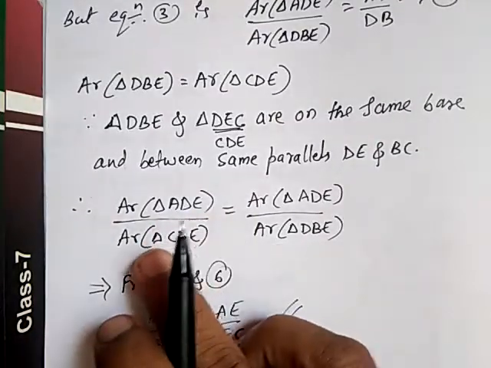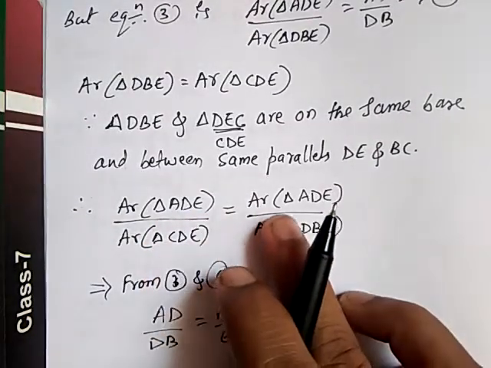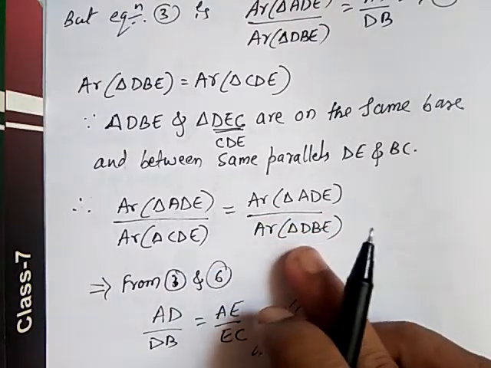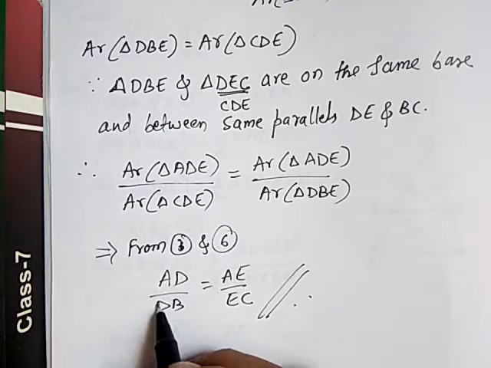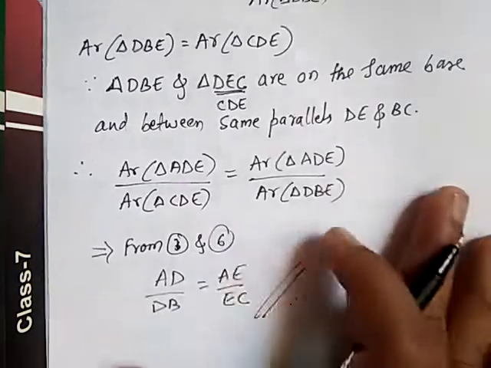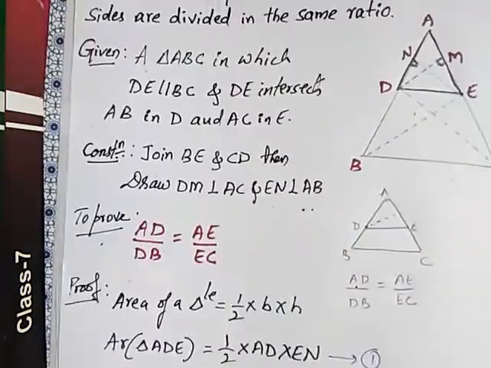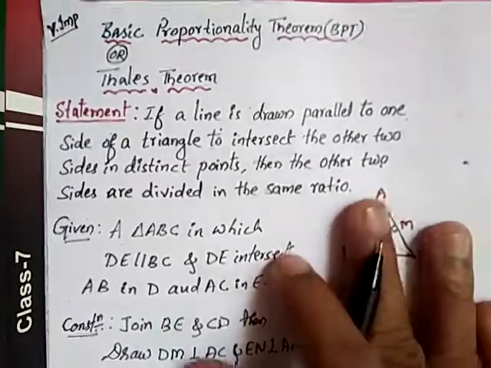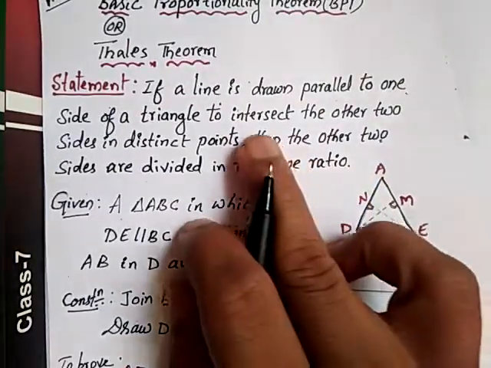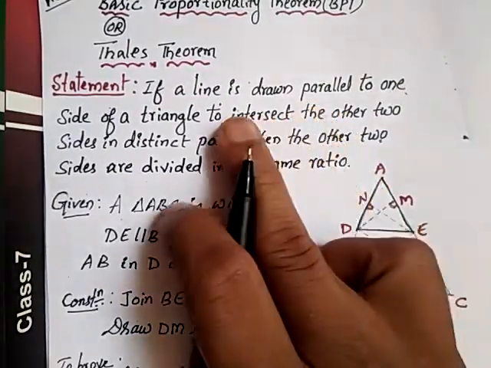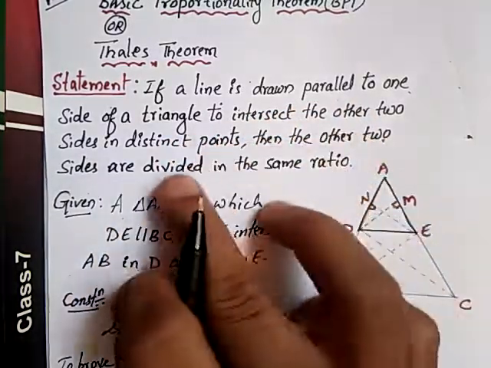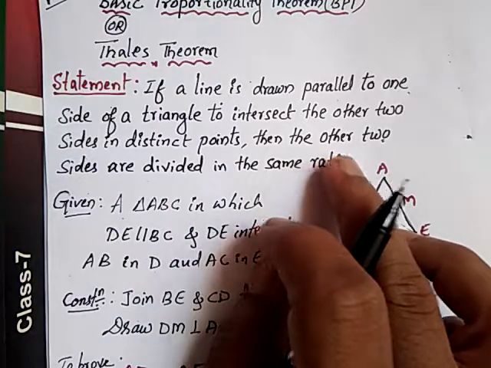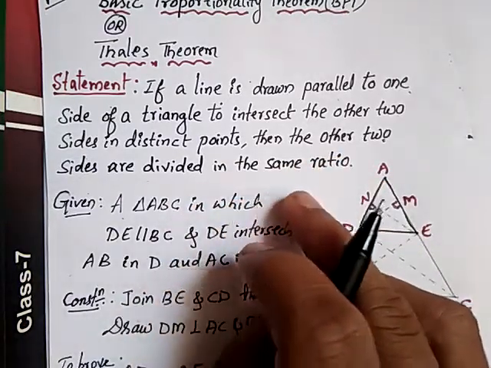From 3 and 6 we can write AD divided by DB is equal to AE by EC. So it shows Thales theorem, that is the basic proportionality theorem. If a line is drawn parallel to one side of a triangle to intersect the other two sides in distinct points, then the other two sides are divided in the same ratio.